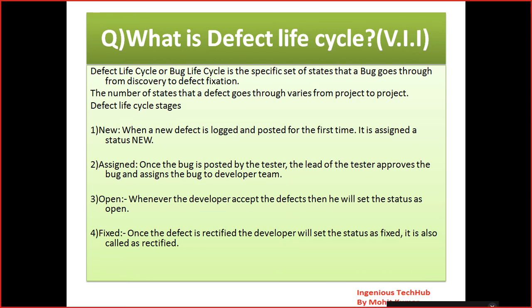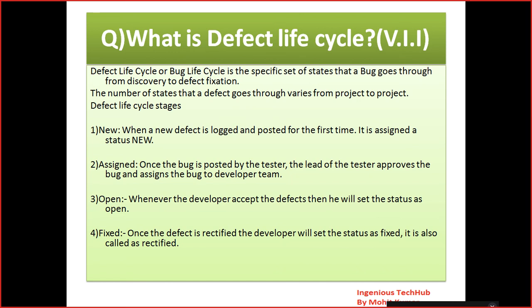Then the developer works on that and fixes the defect, and again it will come back to us. If everything works fine, then we can close the defect or mark it fixed. So these are the statuses. The defect life cycle or bug life cycle is the specific set of states that a bug goes through from discovery to defect fixation.